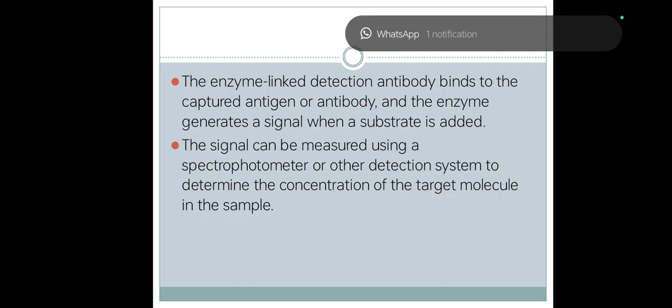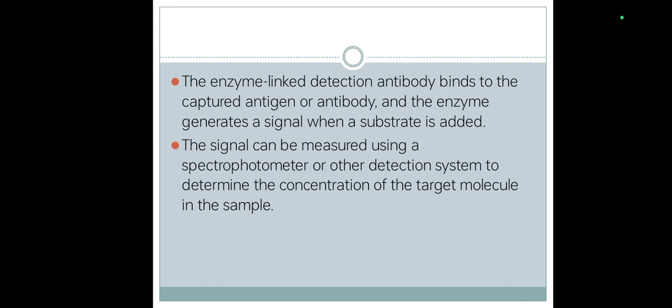The enzyme-linked detection antibody binds to the captured antigen or antibody, and the enzyme generates a signal when a substrate is added. The signal can be measured using a spectrophotometer or other detection system to determine the concentration of the target molecule in the sample.